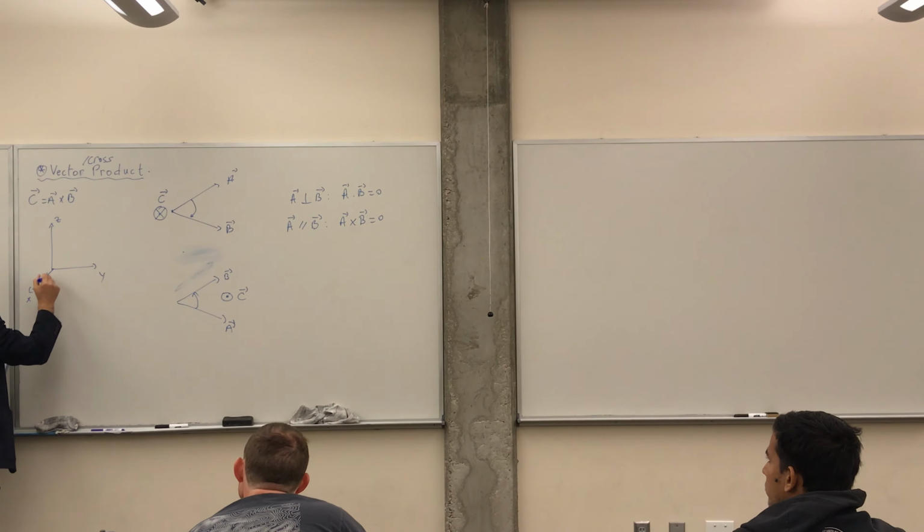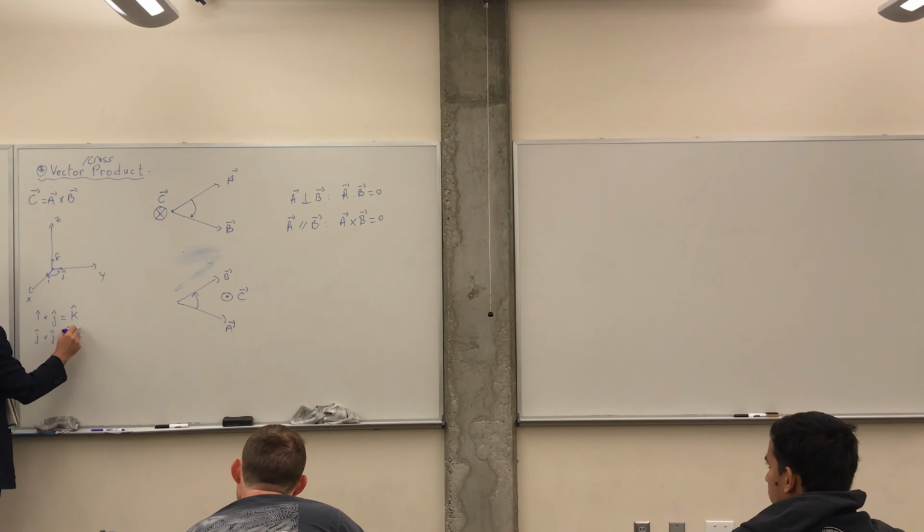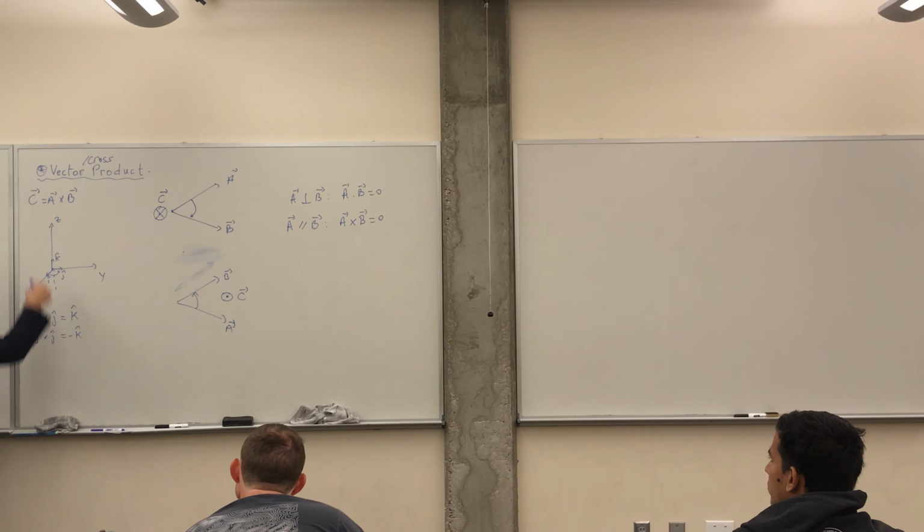We're just going to go I, J, and K. So I cross J, we're going to go from I to J. I cross J is going to give us the vector K. J cross I is going to give us the vector minus K, so J cross I is going to point in the negative Z direction.